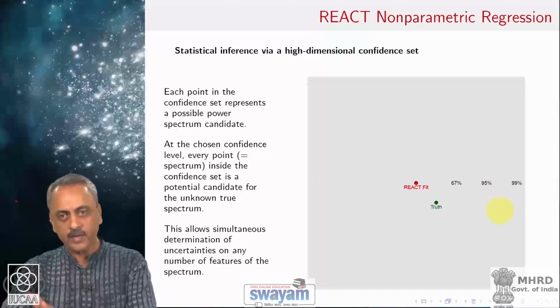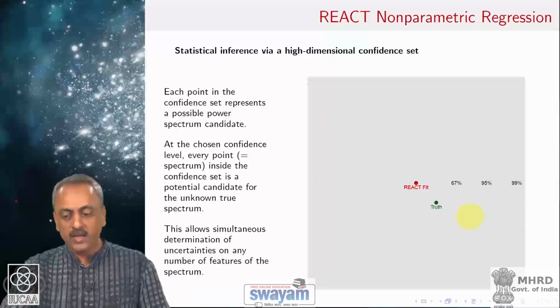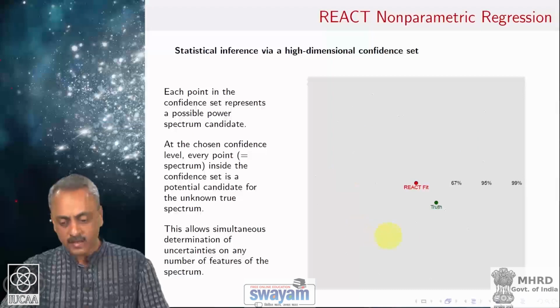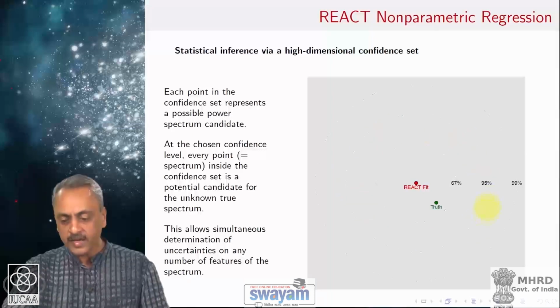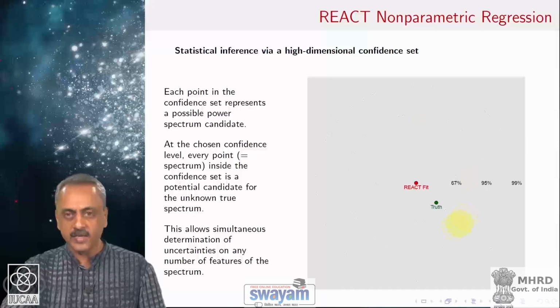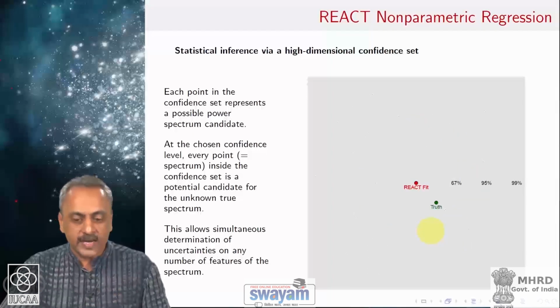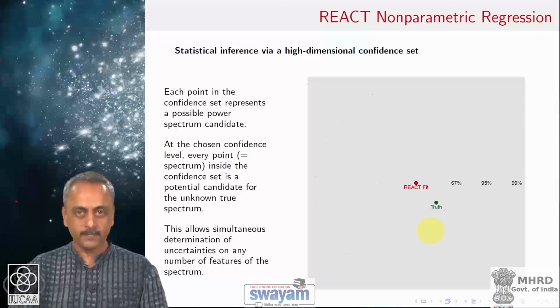There is a chance of 5% that it can still be outside, but this confidence set construct essentially says that every point inside this 95% confidence set is a potential candidate for the unknown truth.